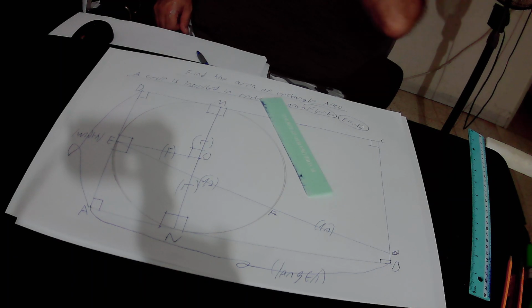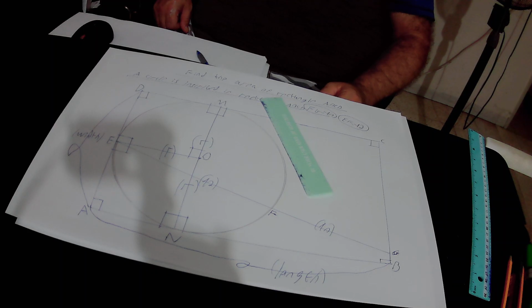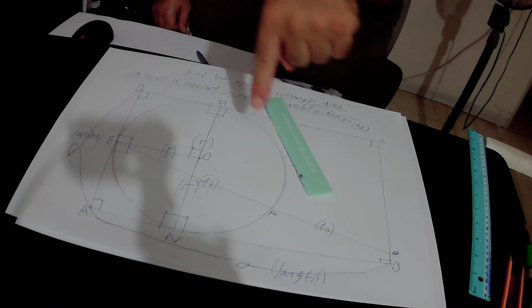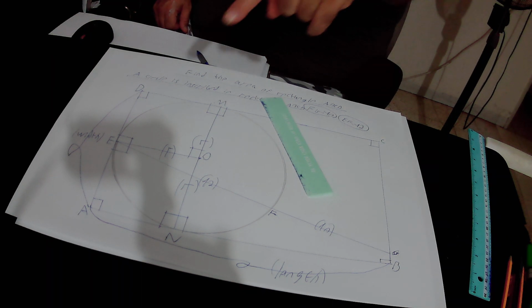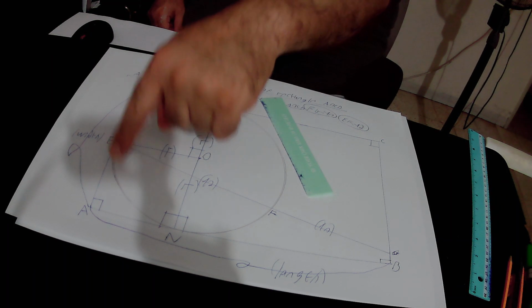Okay, so actually we don't need this step. We just focus on the lower quadrilateral EONA. In the lower quadrilateral EONA, we have 1, 2, 3 right angles.